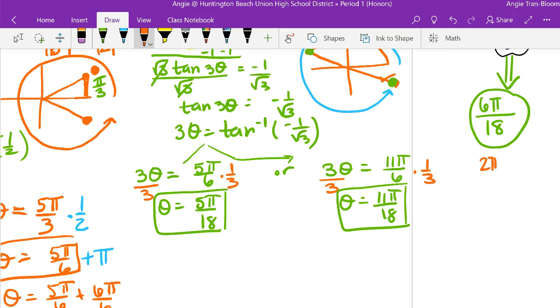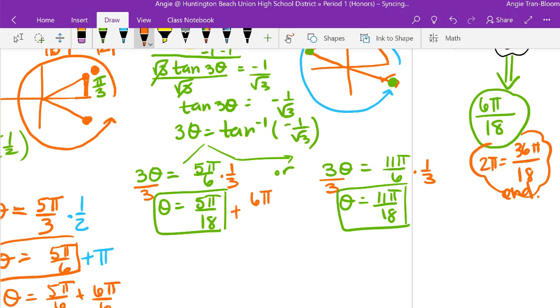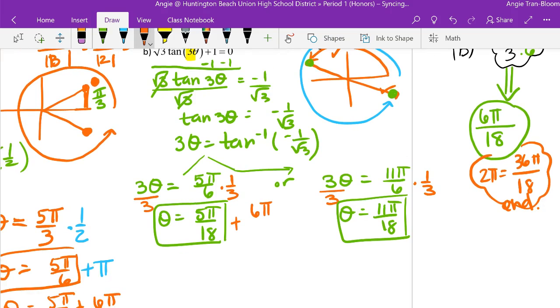Well, 2 pi with denominator of 18 is like 36 over 18 pi. So what if I keep adding the period, which is pi over 3, aka 6 pi over 18? What would be my next angle that I could repeat? Remember, I'm just going around this multiple times. So this is 11 pi over 18.